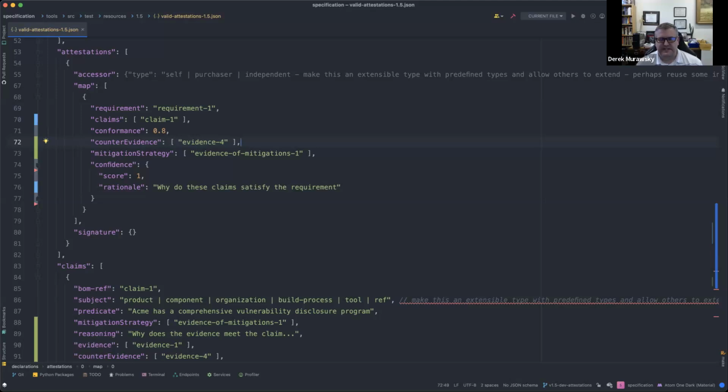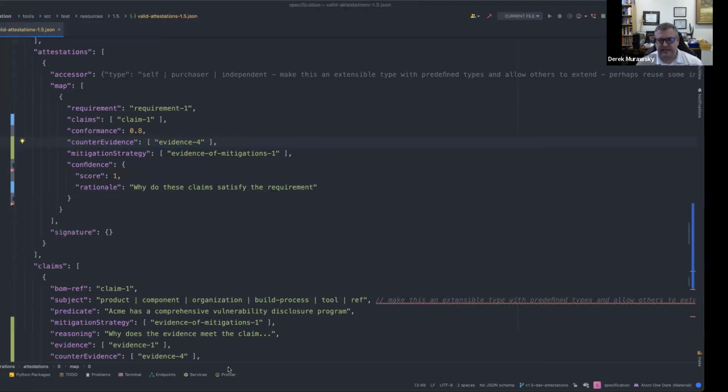And I think the thought process is that if the person or system making the claim isn't aware of it, we should be capturing it maybe in a different area rather than just capturing it as part of the claim.